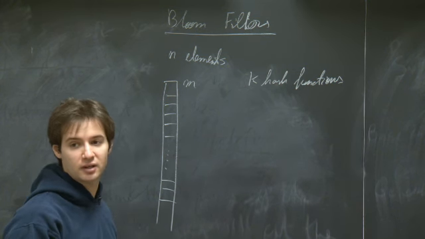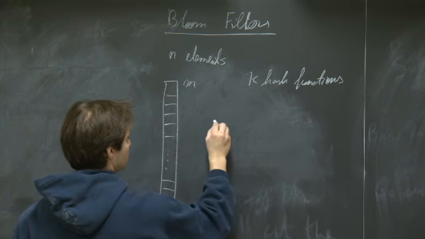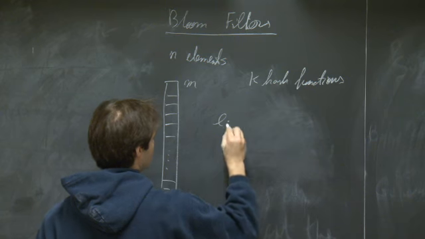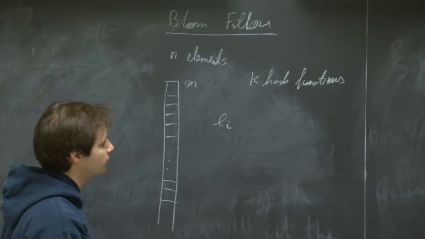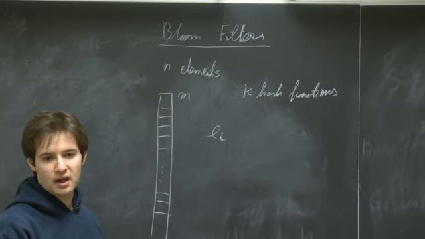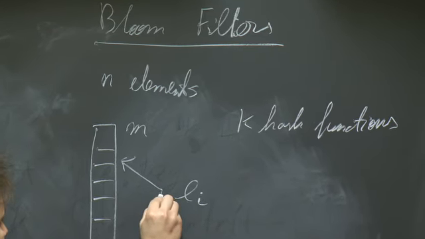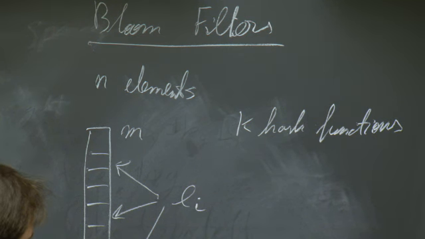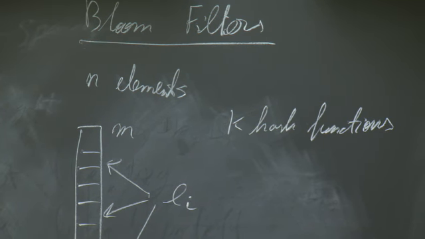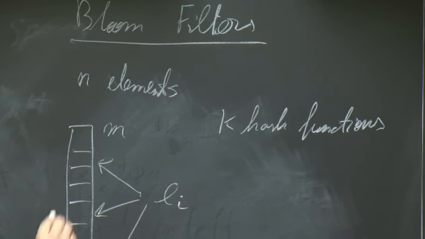So when we take an element and insert it, we're taking element Ei. The way to insert it is we're going to compute its hash value using all the hash functions and set all the corresponding bits to 1.